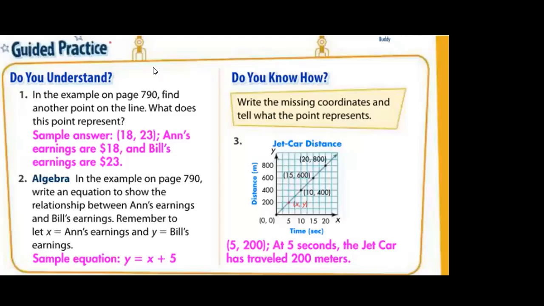So Y equals what? Y equals Anne's plus 5, which is X plus 5. So your equation will be Y equals X plus 5.